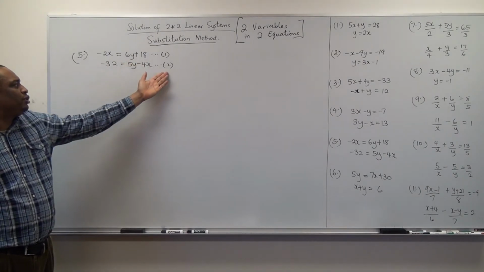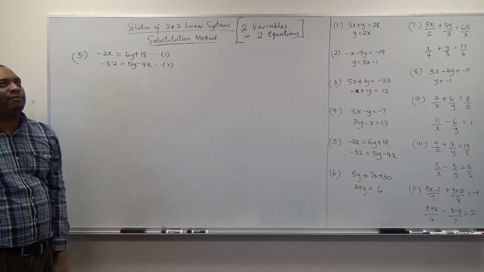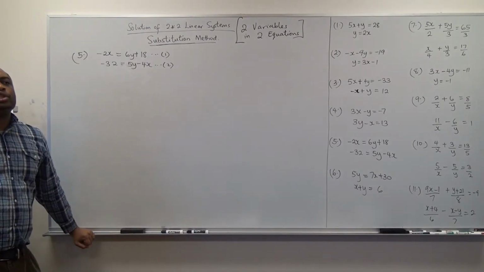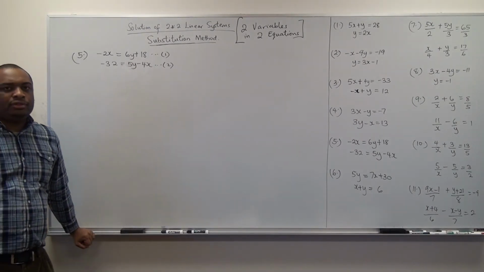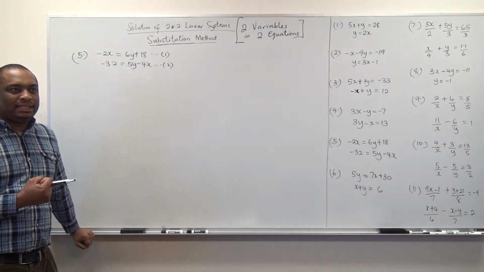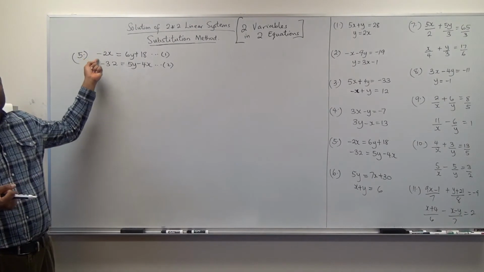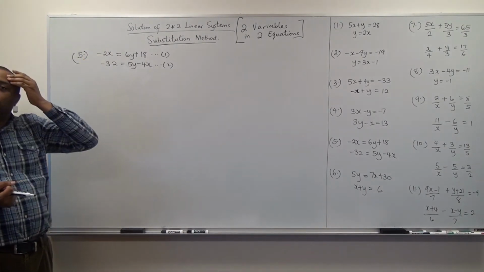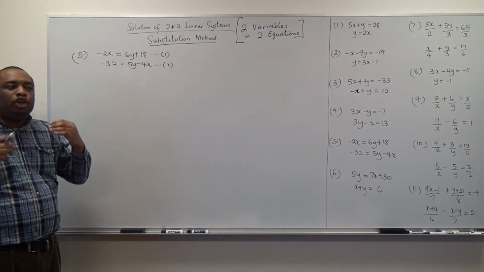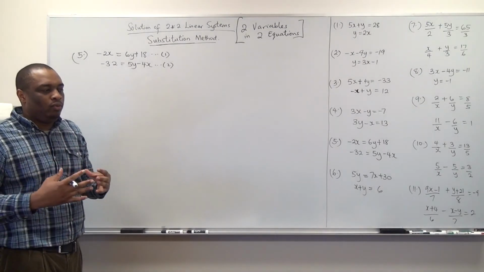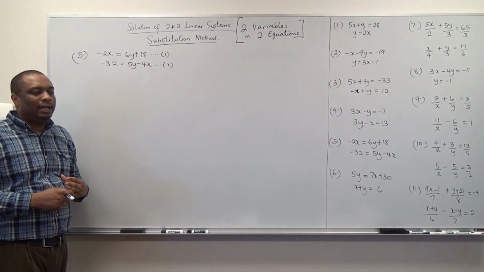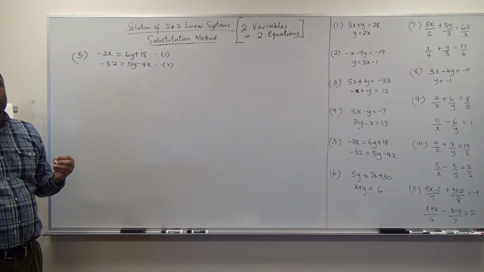If you look at equation 2, you have a prime number there, 5, as a coefficient. So it will be easier for us to start with equation 1 in this case, so that we just have to divide by -2, and we can isolate x. You try to find a way whereby you can isolate a variable.